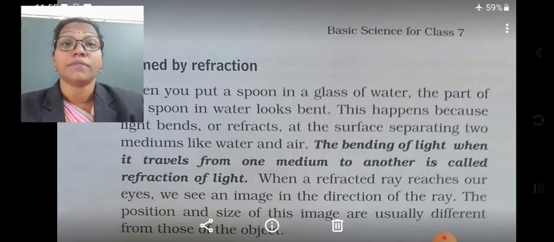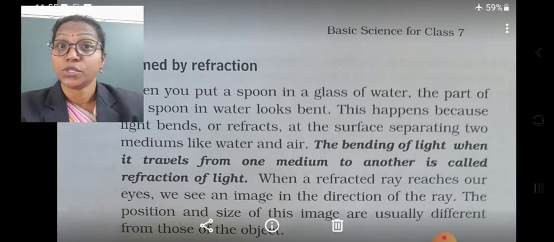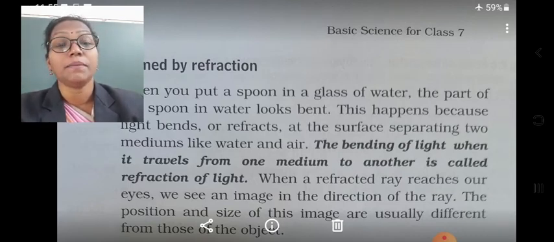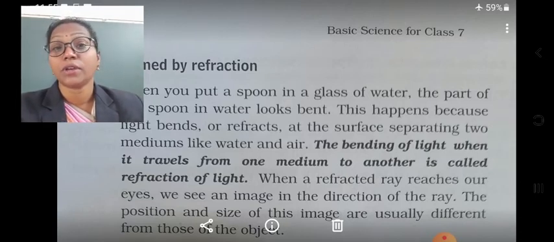That means the light rays from our palm reach the walls of the glass. So the glass is a denser medium. Then the light ray again travels through the water. Water is a rarer medium. Again from the water, the light rays after refraction come through the glass.